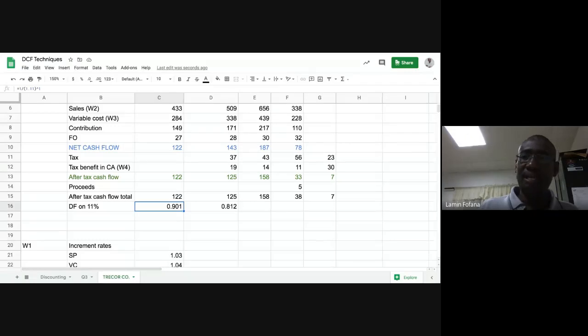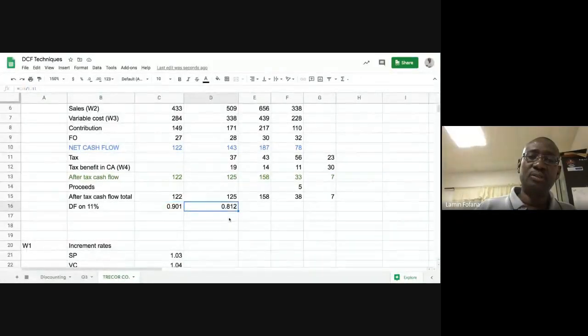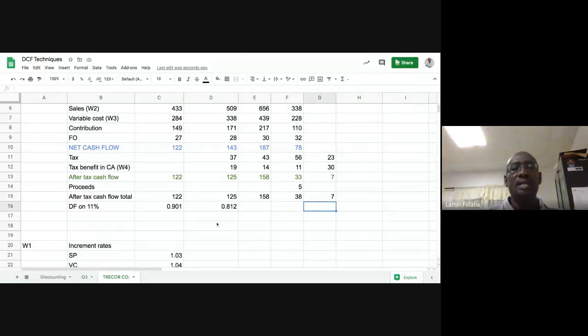Okay, then you enter. After doing that, that answer you got in your calculator, don't clear it, say divided by 1.11. Then you should have 0.812. Then just continue pressing equals, and it will give you the next one, like that.